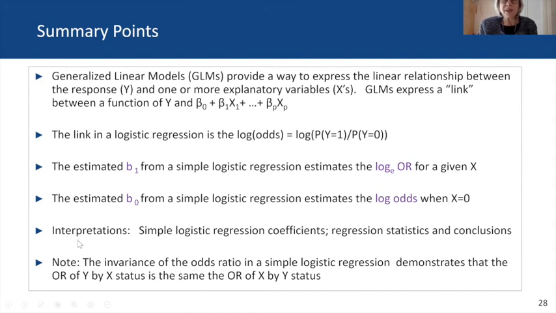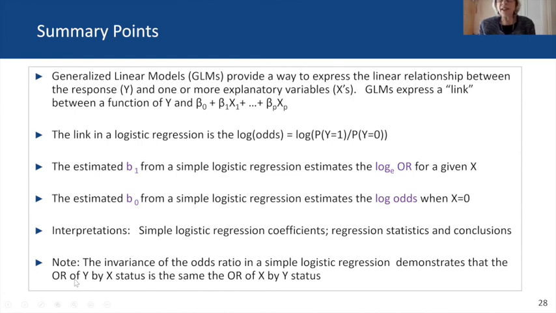We interpreted the coefficients from a simple logistic regression as well as the exponentiated coefficients, and we looked at the regression statistics in the form of the z-test and the confidence interval to lead us to appropriate conclusions.